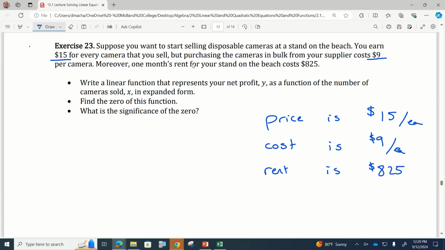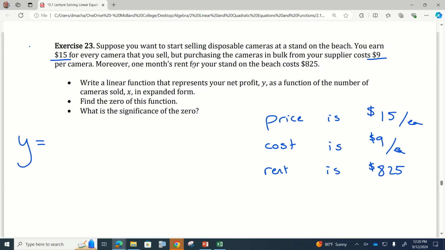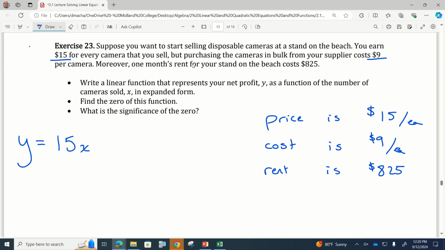We want to write a linear function that represents my net profit as a function of the number of cameras sold. And this is going to be $15 of profit per camera sold minus $9 per camera sold, because I've got to replace my inventory.